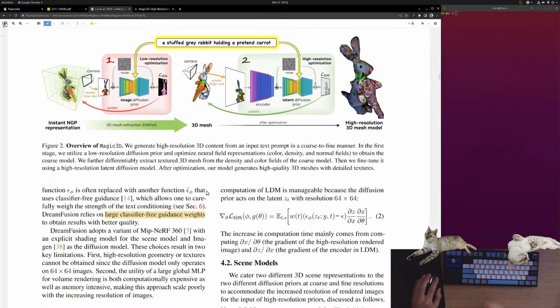The text embedding is a much more complicated vector space than the actual class embedding.